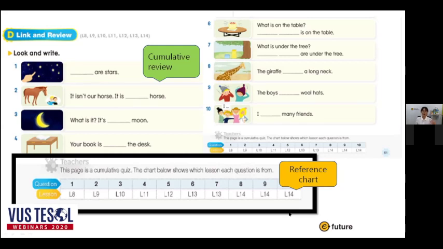It's always good to link the old targets with the new targets, practice together, and then review. Very important. It will help your students remember. Linking Review is the key element of the spiral syllabus. Remember spiral syllabus? Okay, good.